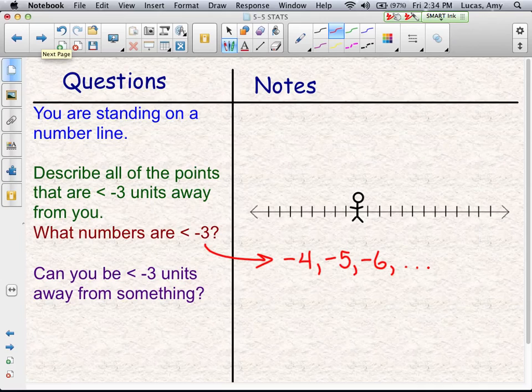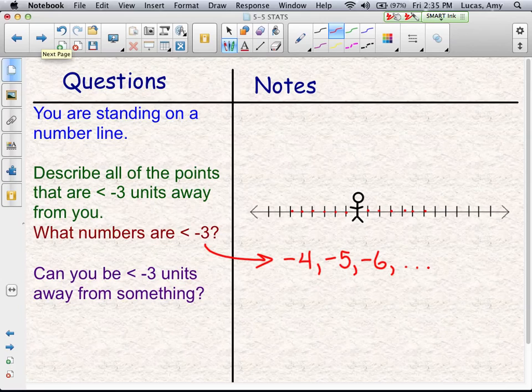So can you be less than -3 units away from something? Can you be less than -3 units away as a distance? Could you be -4 units away from something? If we start counting how many units we are away from this person on the number line, could that distance be a negative number?